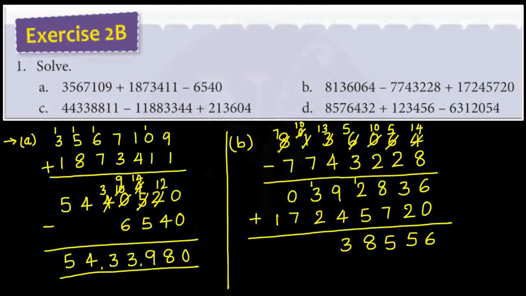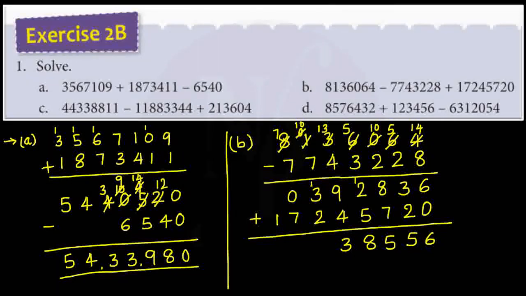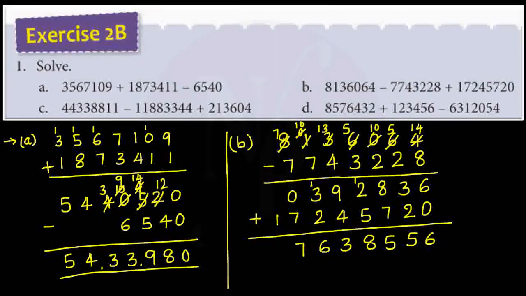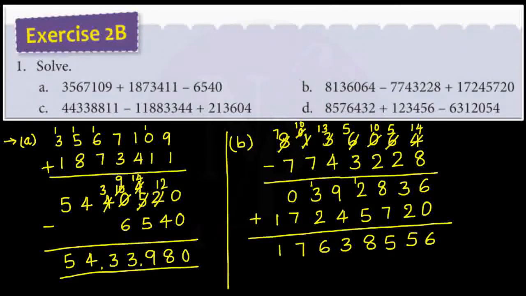And 3 plus 1 is 4. 4 plus 2 is 6. 0 plus 7 is 7. And here we have only 1 in the crores place. We don't have any digit in the crores place here. So the final answer is 1 crore 76 lakh 38,556. So like this you have to solve the other two problems, C and D.